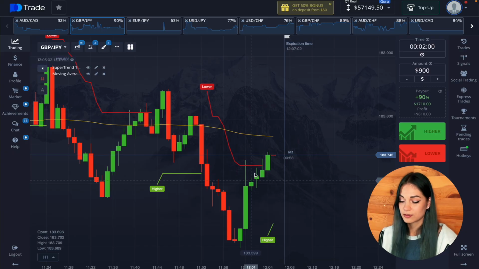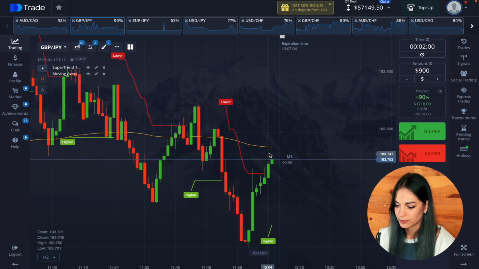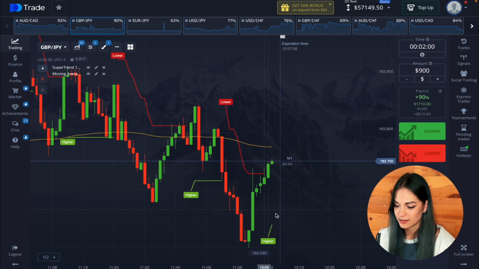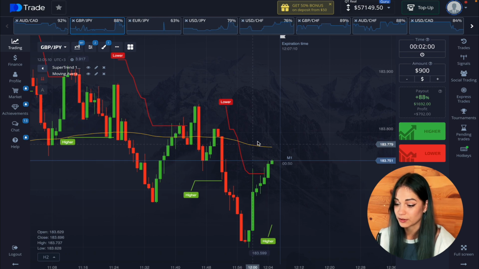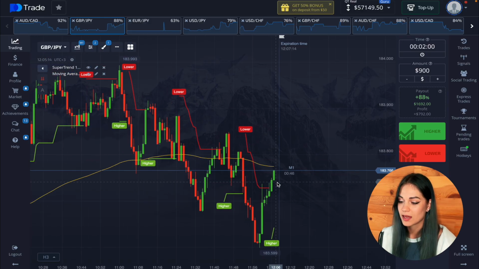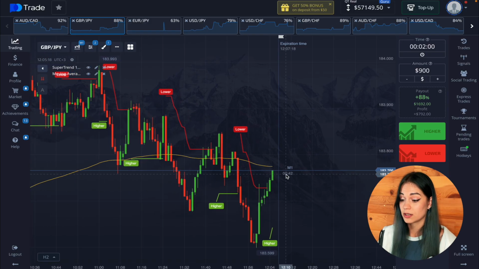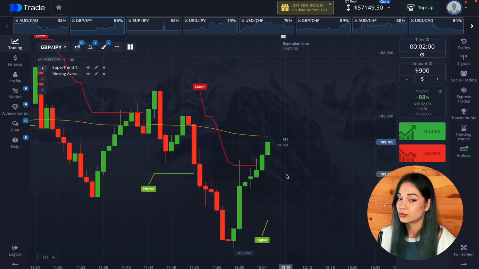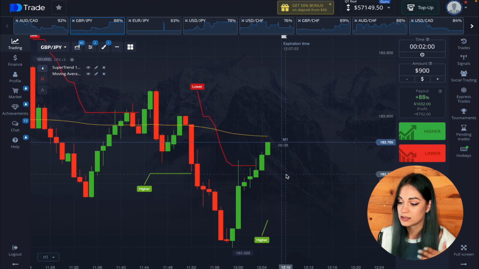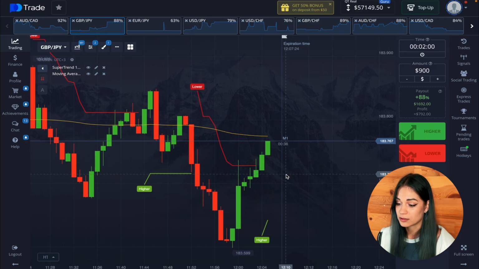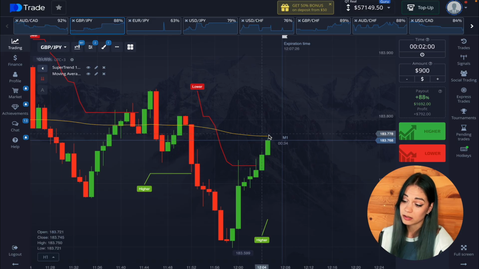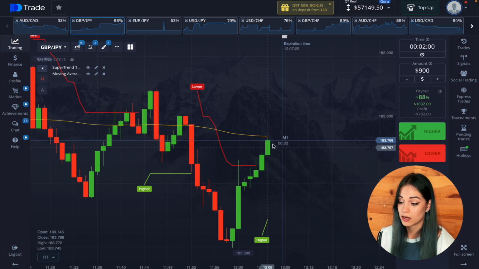Okay guys, so right here we have the current situation, and we see that the SuperTrend gave us the signal for us to open the deal for an uptrend, but the price is still lower than the 150 EMA. Even though we are in an obvious downtrend right here, I think this is too risky for us to enter the deal right now at this moment, but we can still look at this currency pair.